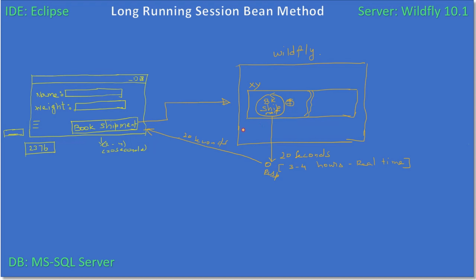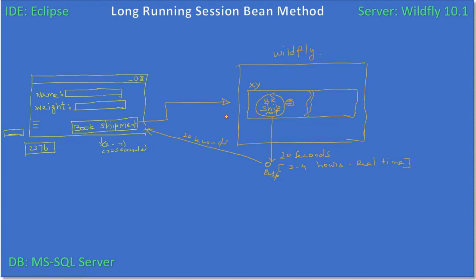So that's the problem with the session bean methods. So session bean methods are for quick running task. So usually this will take input from the servlet or JSP or other means, then it will perform a server side processing. After that it will send back the result.